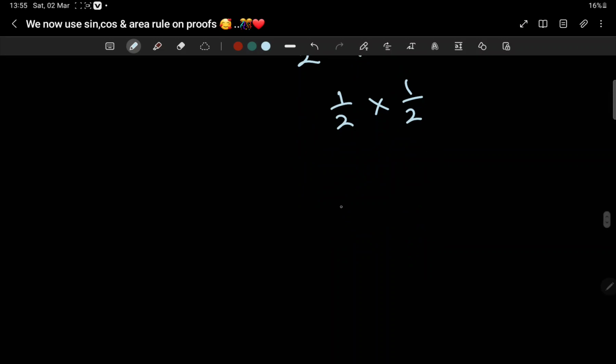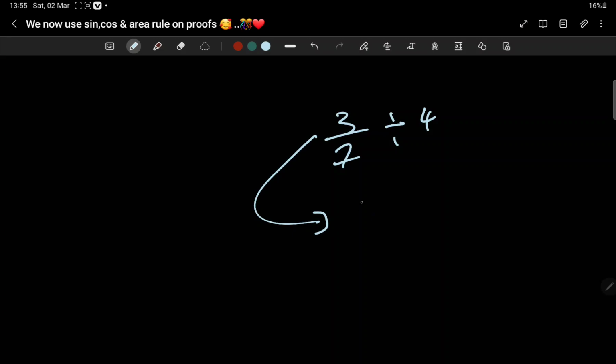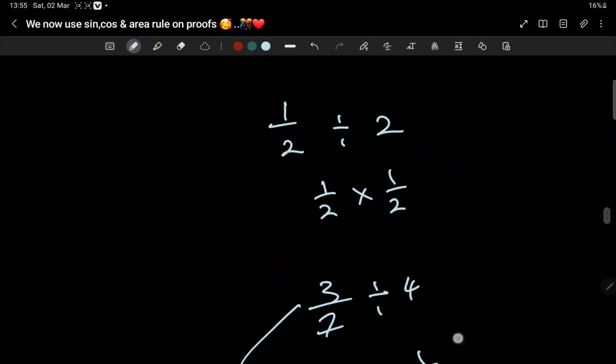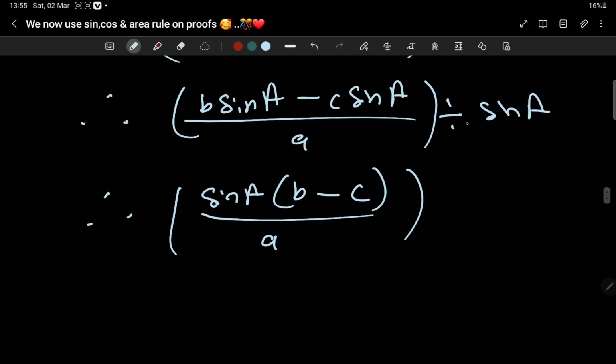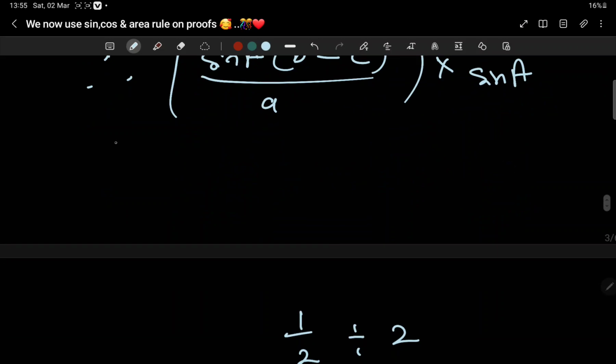Or if we have 3 over 7 and you divide it by 4, this is the same thing as 3 over 7 multiplied by 1 over 4. To change the division, I just say 1 over that number, right? So instead of the division, you can multiply by 1 over sine A.